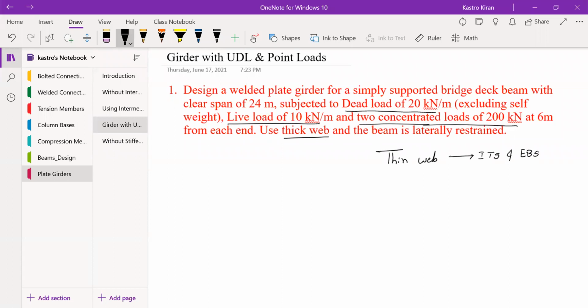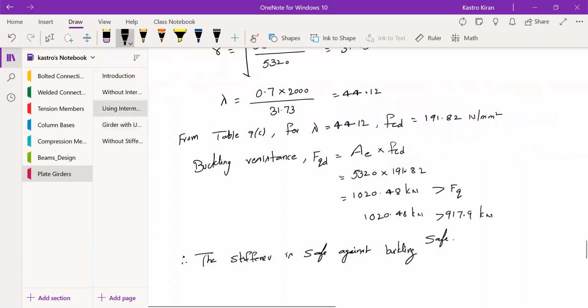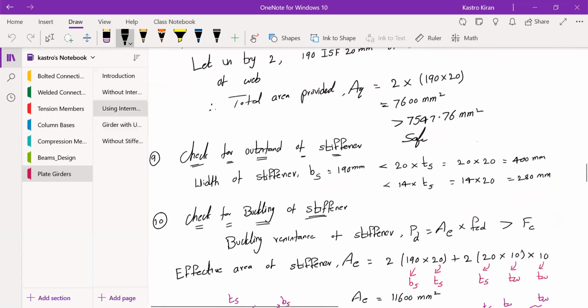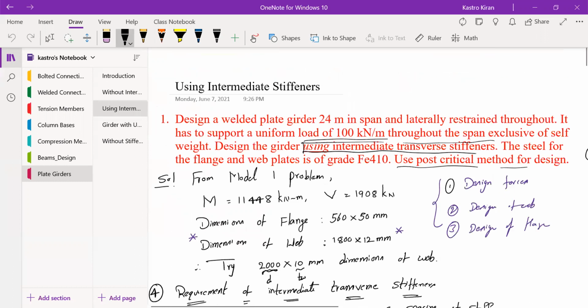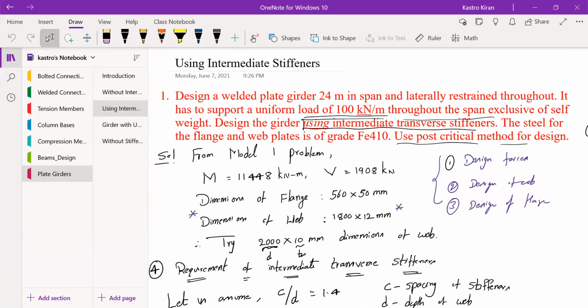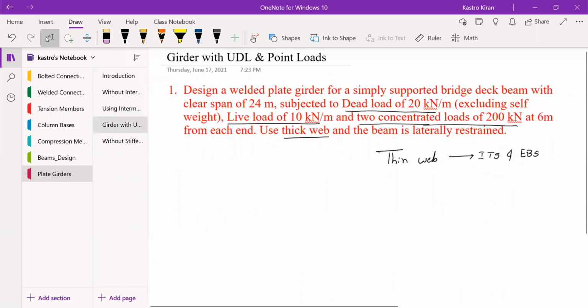In the previous model problem we have seen, I'll show you the question also if you want. They have clearly mentioned in the question to use thin webs, right? So when they are talking about using thin webs, what you have to do is ensure that you use both intermediate transverse stiffeners and also the end bearing stiffeners.